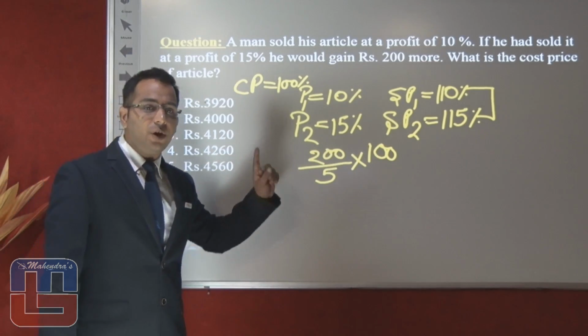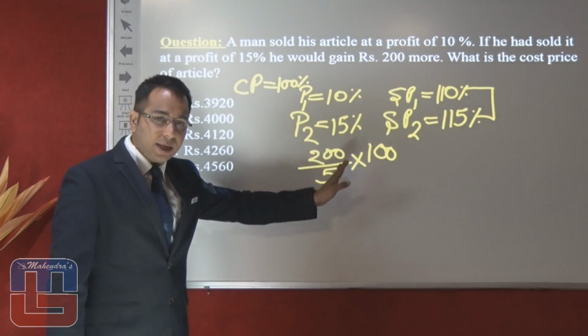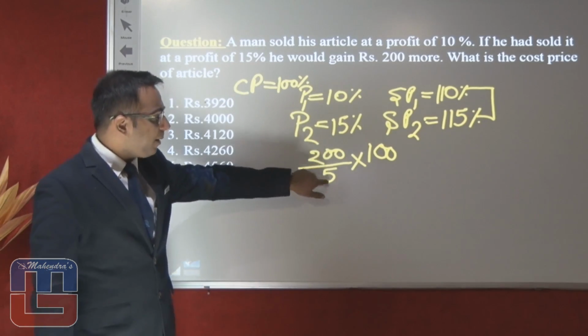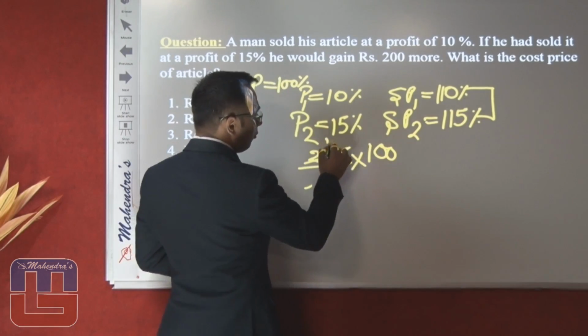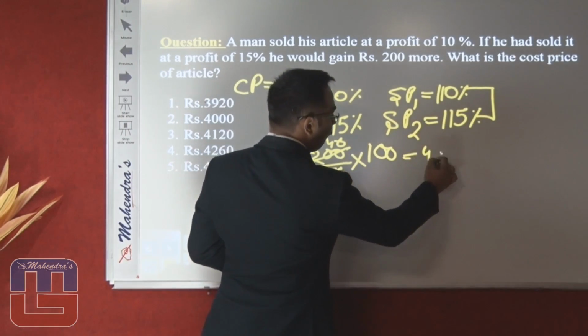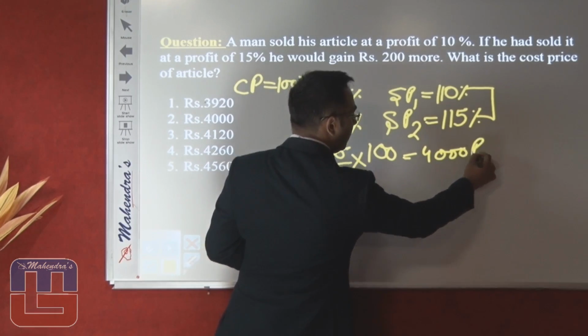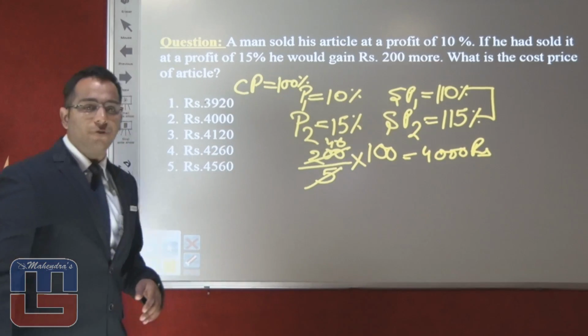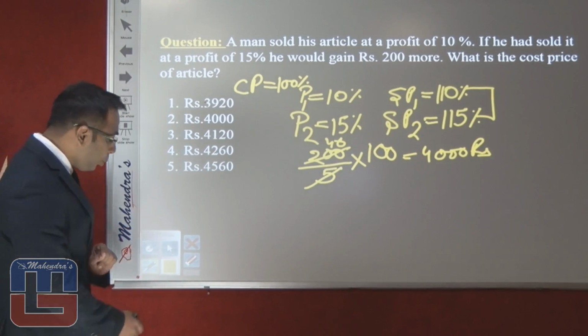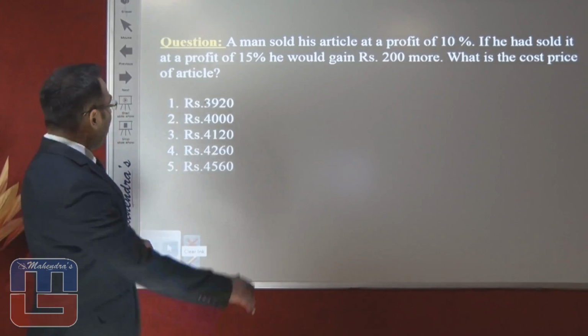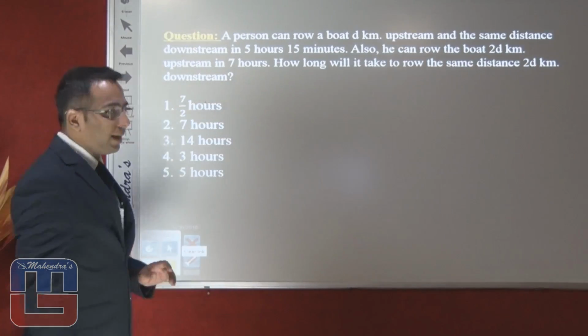In normal condition, we always calculate CP as 100%. So 200 divided by 5 into 100, the answer will be 4,000 rupees, which is option second. Hope you get that. Let us see the next question.